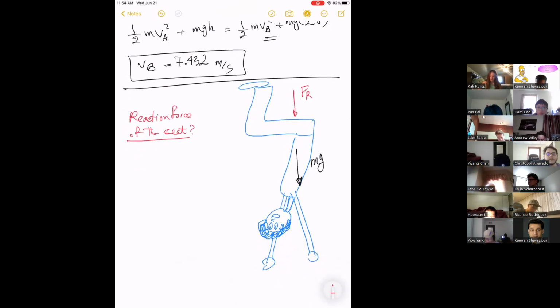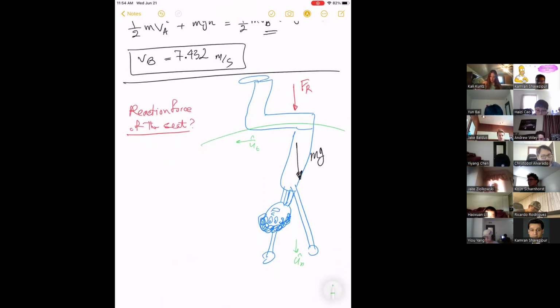So technically, if this is the path of motion, and let me just use the grid, you're going to have ut and un, two perpendicular directions, right? The t part I don't care as much about because I'm looking for this reaction force, which is in the normal direction.